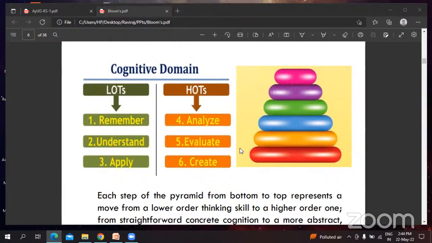One comes into the area where low order thinking is enough, and another comes under the area where a certain high level of thinking is required. Low order thinking comprises remember, understand, and apply, and high order thinking comprises analyze, evaluate, and create. As you become expert, you will be entering this high order thinking area.